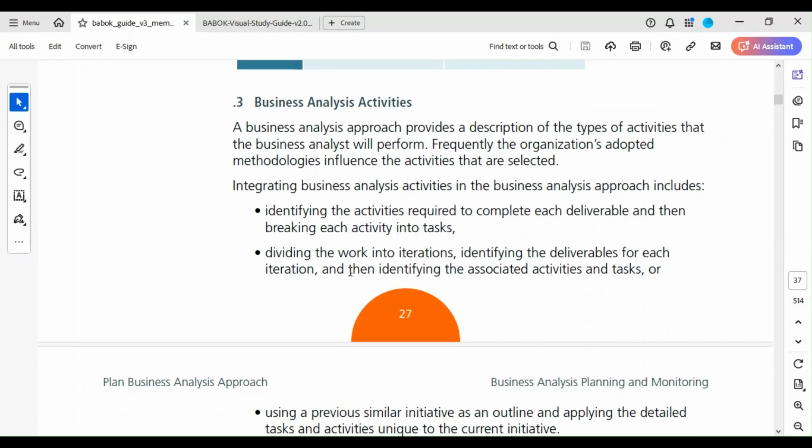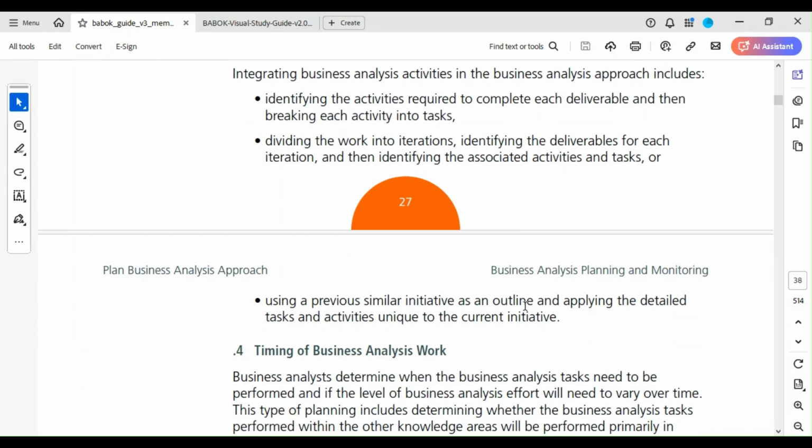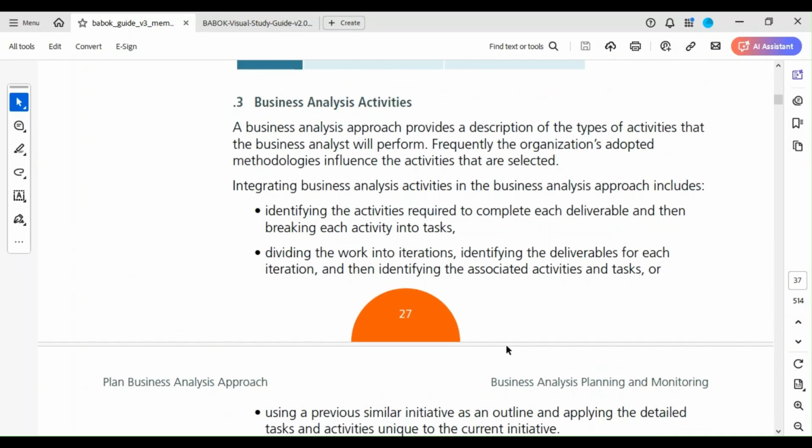So, integrating business analysis activities in the business analysis approach includes identifying the activities required to complete each deliverable and then breaking each activity into tasks, dividing the work into iterations, identifying the deliverables for each iteration, and then identifying the associated activities and tasks, or using a previous similar initiative as an outline and applying the detailed tasks and activities unique to the current initiative.